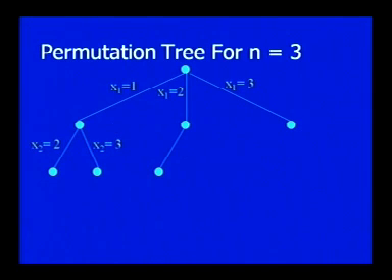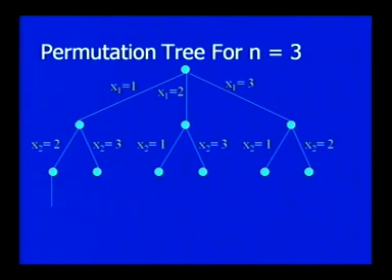So, in the next stage, I will just visit only those that are not visited earlier. So, 1 is visited, 2 is visited, therefore, it is 3. 1 is visited, 3 is visited, therefore, it is 2.